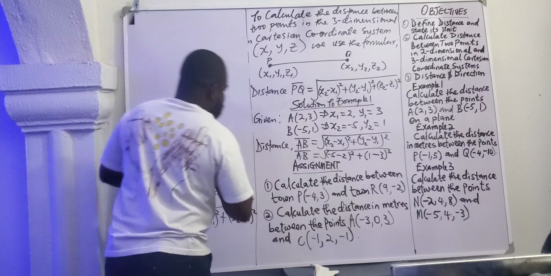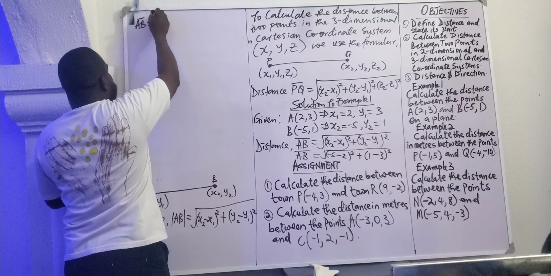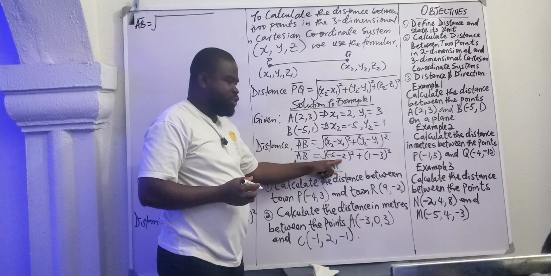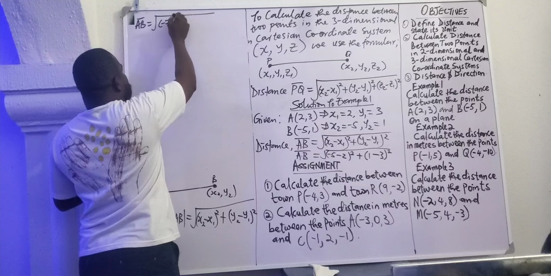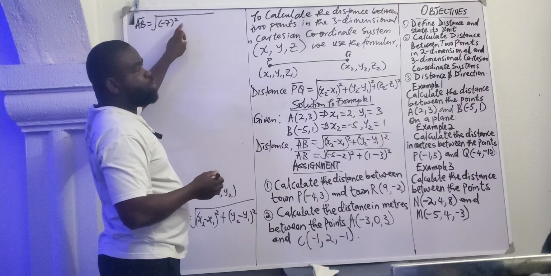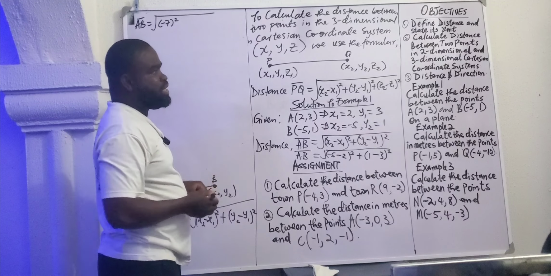So what do we have next? The distance of line AB is equal to the square root of, this is -5 minus 2. That will give us -7. Please take note, the minus is inside the bracket, raised to power 2, which means the square will affect the minus sign as well as the 7.